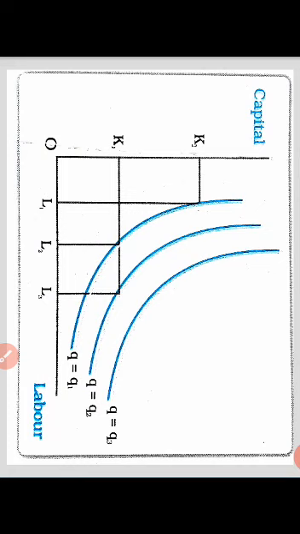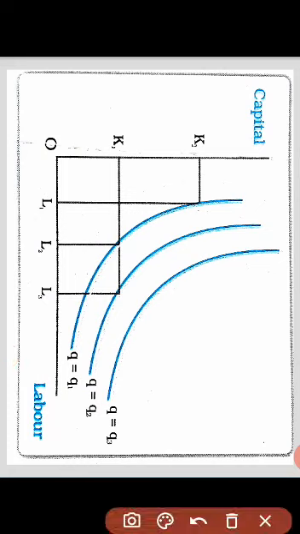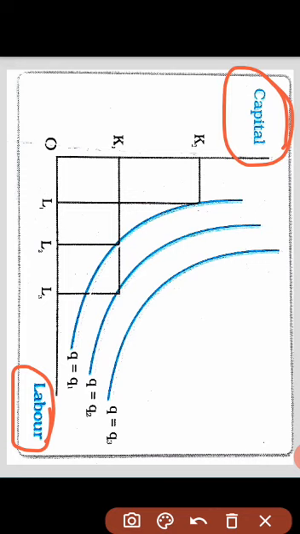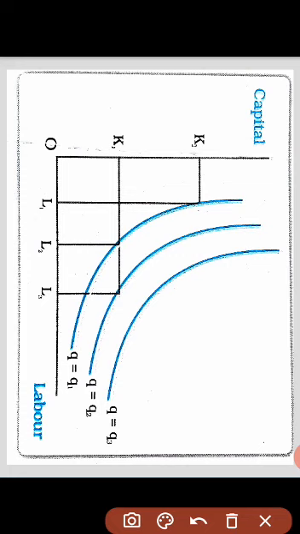So here there are three isoquant curves. First, the OX axis represents labor and the OY axis represents capital. The three isoquants are Q equal to Q1, Q2 and Q3.